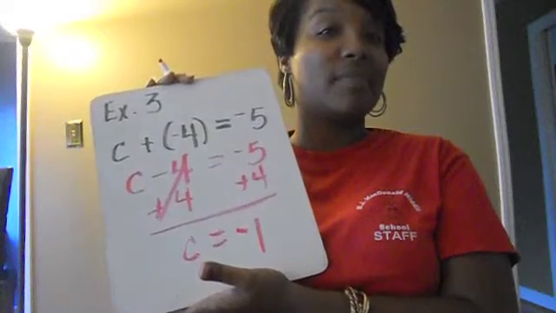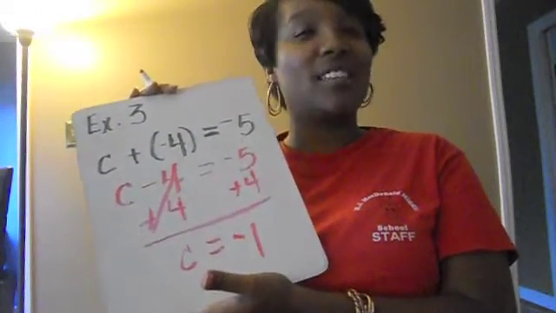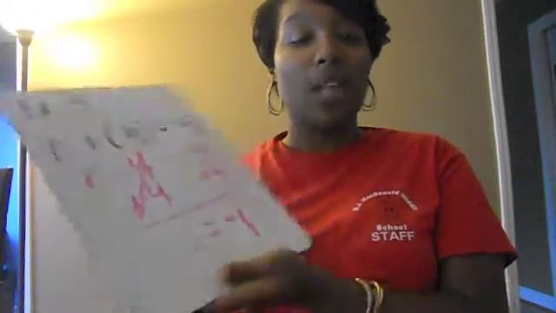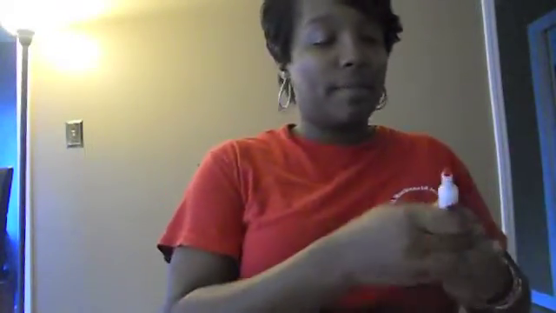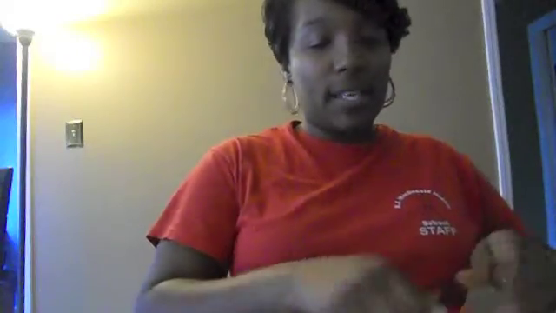Questions? Well, if you have them, you can ask them tomorrow in class. But we're going to do a few more examples that involve multiplication. Okay? Let's write this example down.